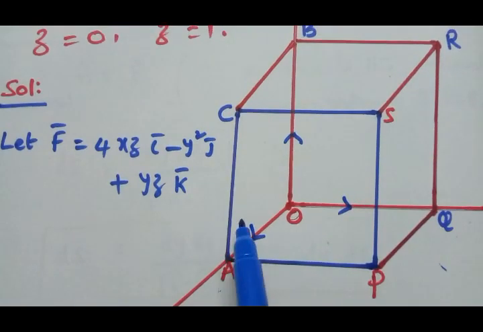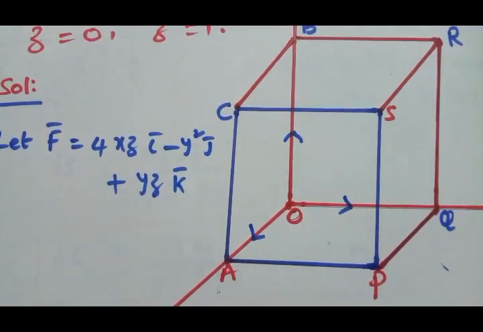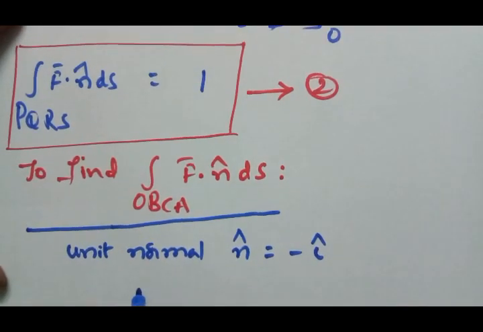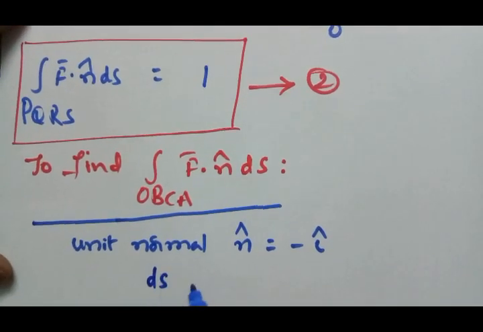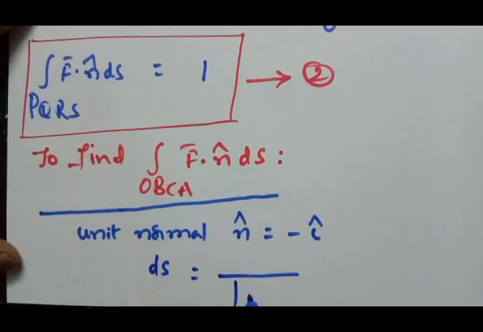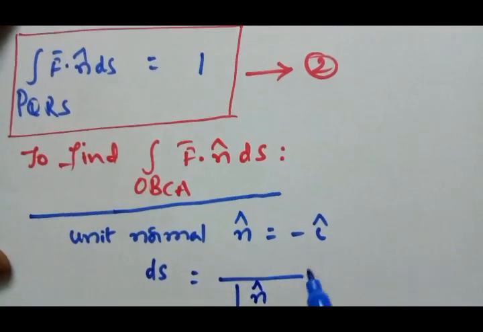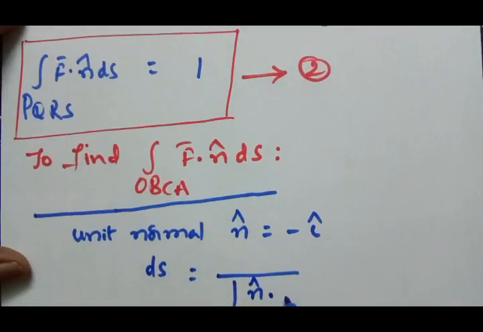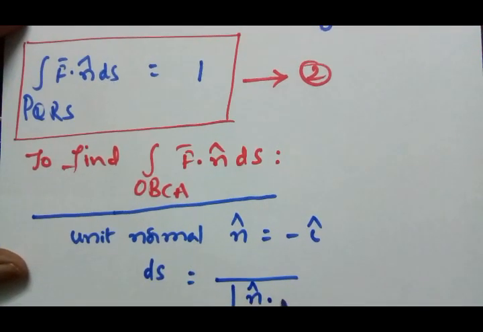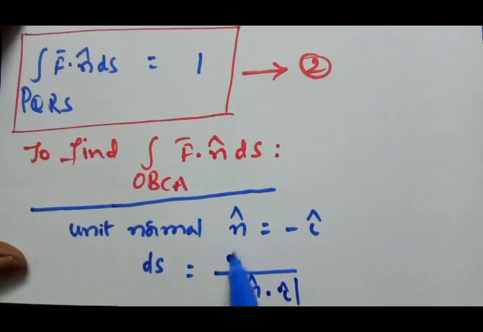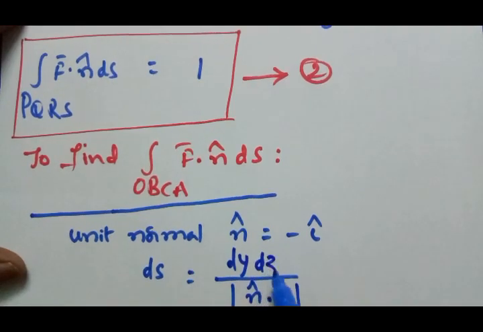Therefore, the unit outward drawn normal n cap is equal to minus i cap. ds is equal to modulus of n cap dot i cap, with dy dz.